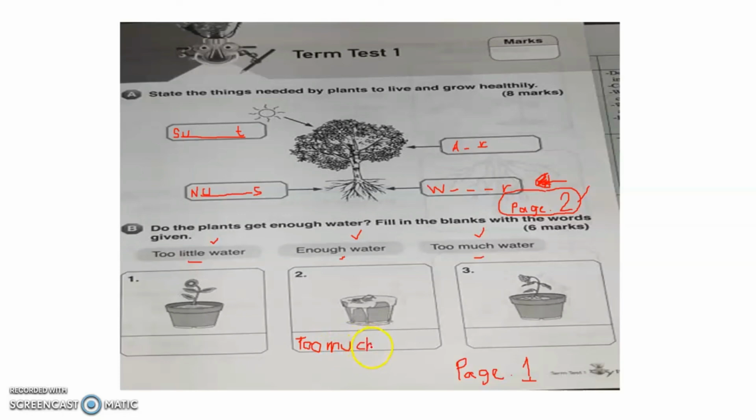Too much water. Too much water, finish. So go back to page 1. Page 1. This one is page 2 and page 1.